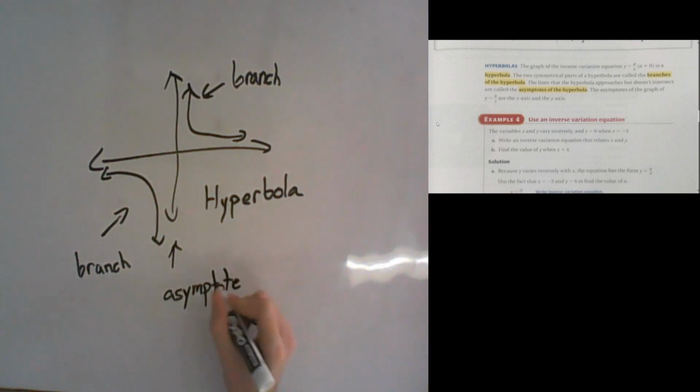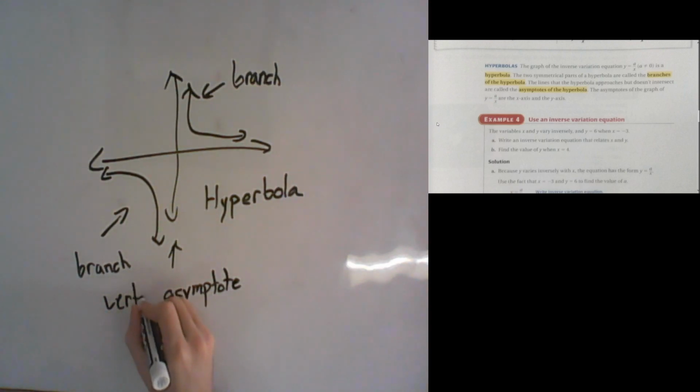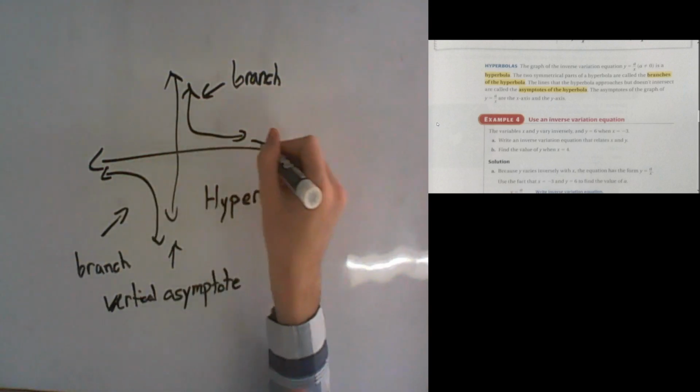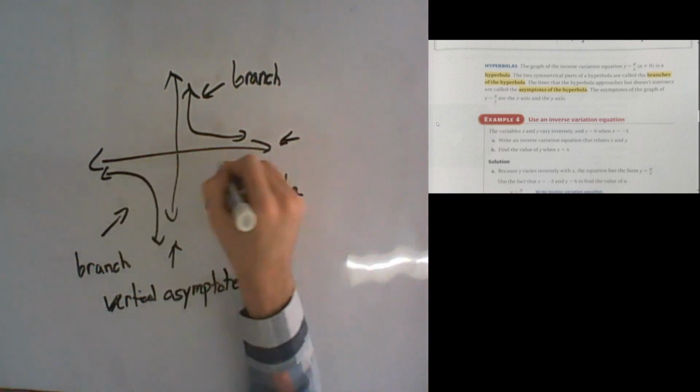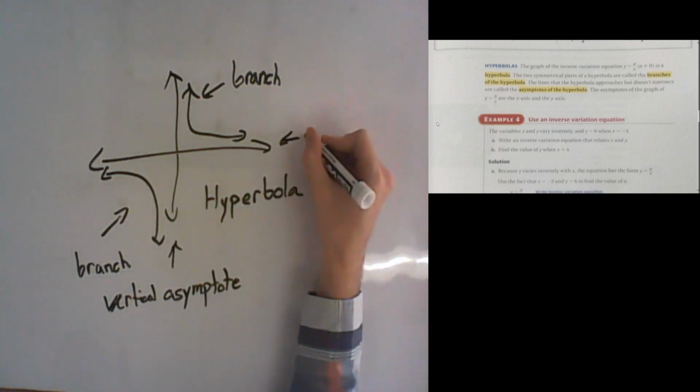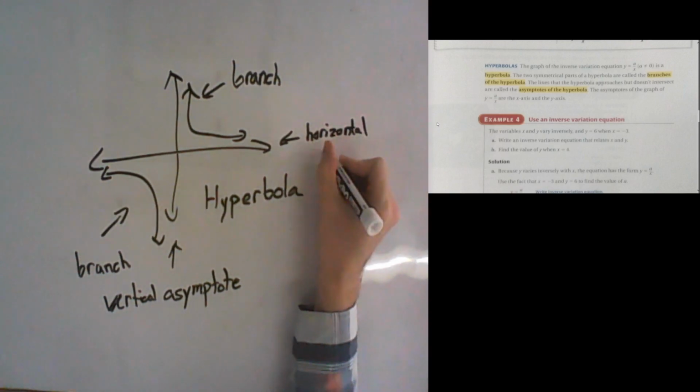Okay? And up and down is a vertical, so up and down as we approach x equals 0. And we're not going to cross the x-axis, which will be a horizontal asymptote.